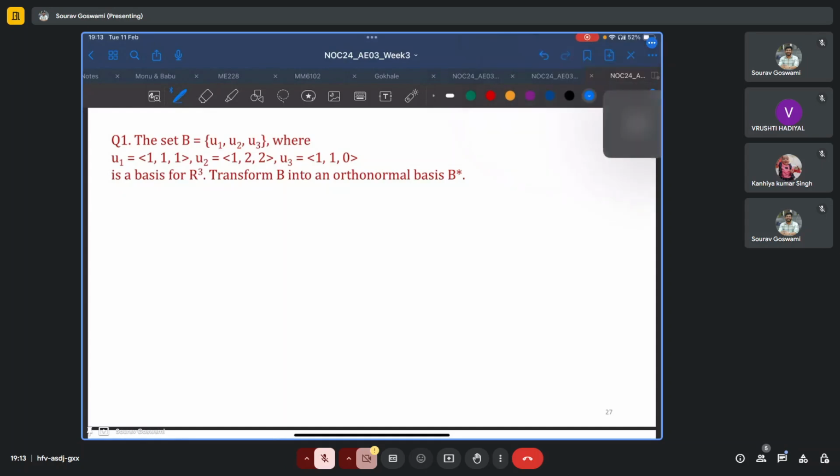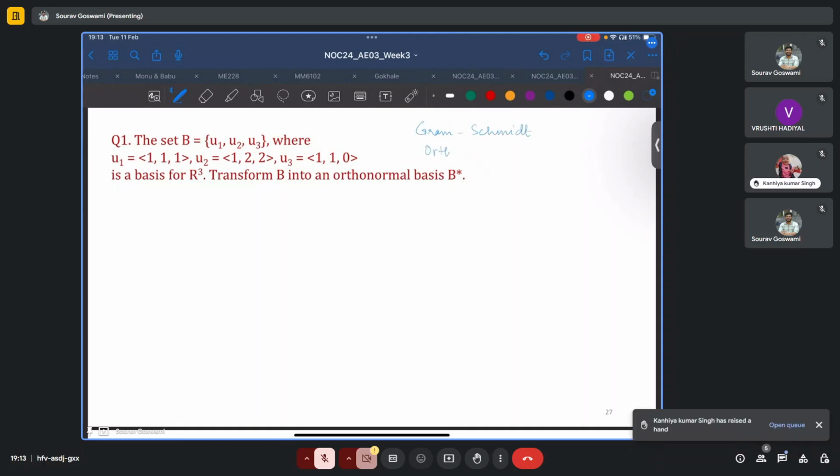We will do this by a process called Gram-Schmidt orthogonalization. I have already discussed the theory of this, so we'll directly jump in and use the formula available to us.